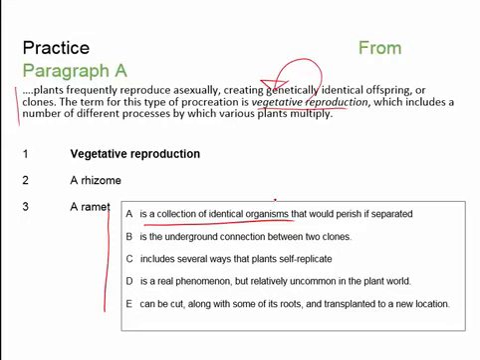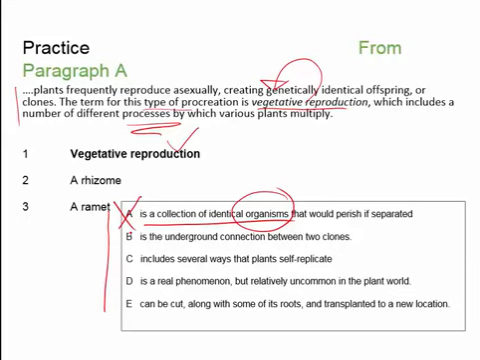Is vegetative reproduction an organism? No. Reproduction is a process, right? We see that here, all right? We know that. And it's a type of procreation. So it's not an organism at all. We can definitely cross that answer off.